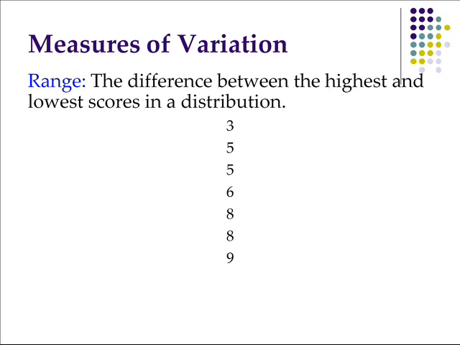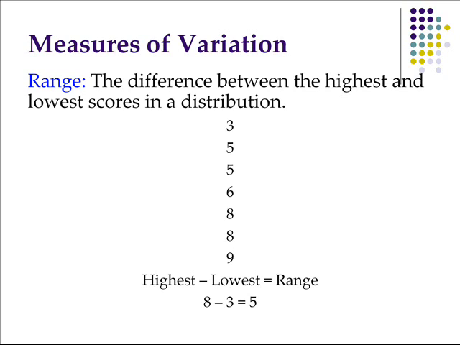Using this set of data from a previous example, you can see that the lowest score is 3, and the highest is an 8. There are a couple of ways to calculate the range. The most common way to do so is to take the highest score and simply subtract the lowest score. In our example, 8 minus 3 equals a range of 5.